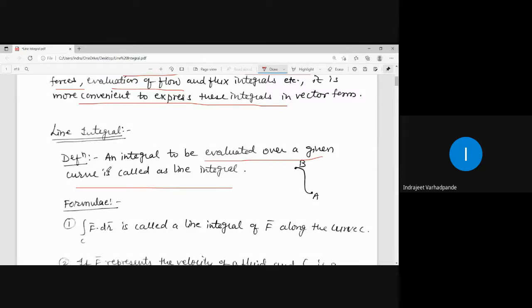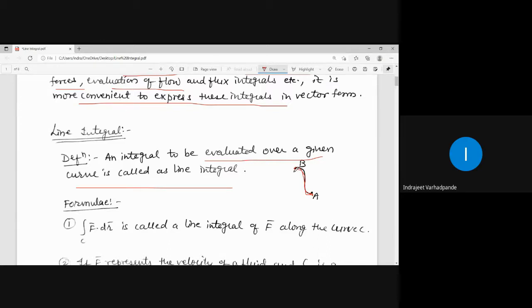Suppose you take one point A, which is called the initial point, and the other point B. The curve or path joining the two points A and B, and an integration taken over this path or curve, will be called a line integral. Either you call it a path or a curve.